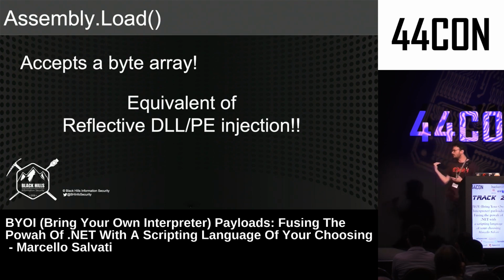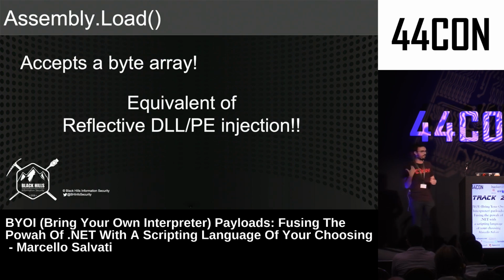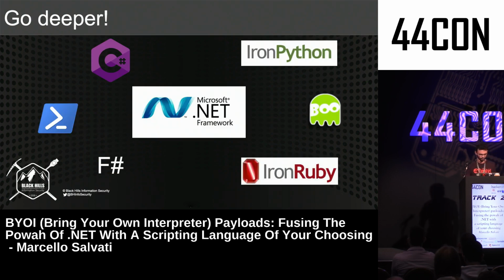So basically this one function is the equivalent of having reflective PE and DLL injection natively supported by a language, which is kind of crazy when you think about it. This is the main reason why red teaming tradecraft has been migrating over to .NET and C# languages, because this one function offers us so much flexibility.